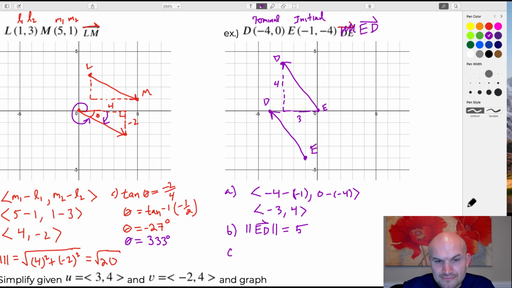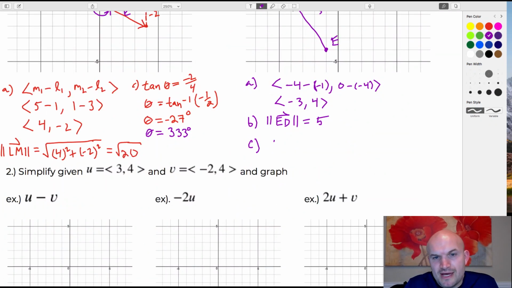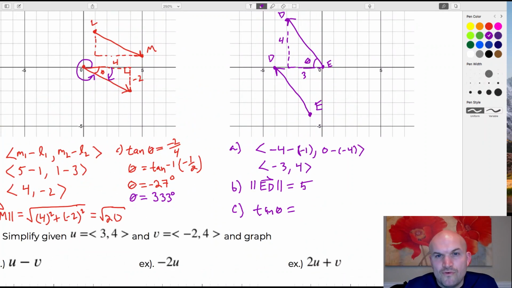And then part C, which would be finding the angle. I have enough information to figure out this angle, right? So the tangent of theta is equal to 4 over -3.